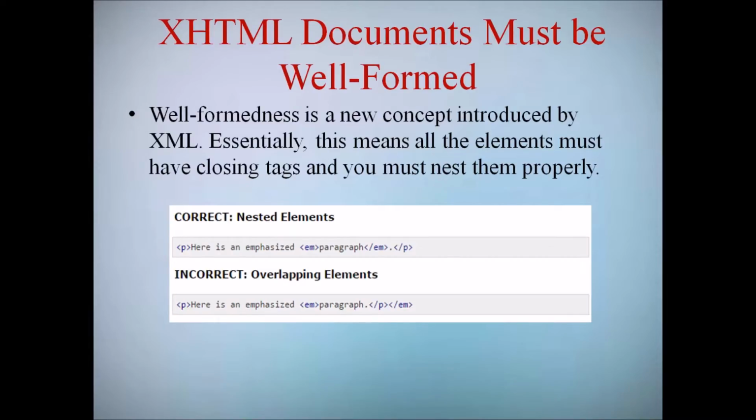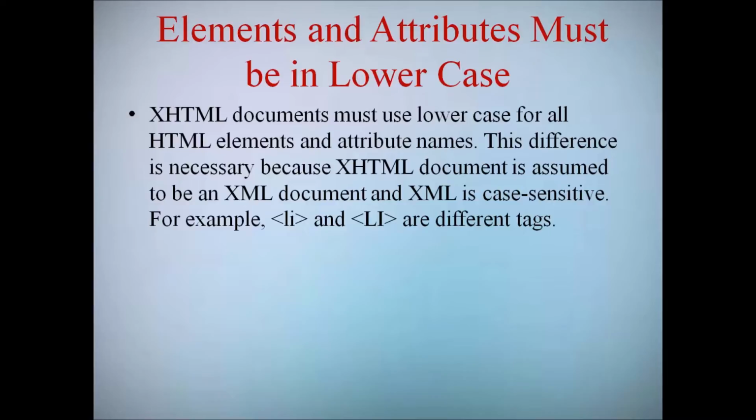XHTML documents must be well-formed. Well-formedness is a new concept introduced by XML. Essentially, this means all the elements must have closing tags and you must nest them properly. This one is correct and this one is incorrect. Elements and attributes must be in lowercase.